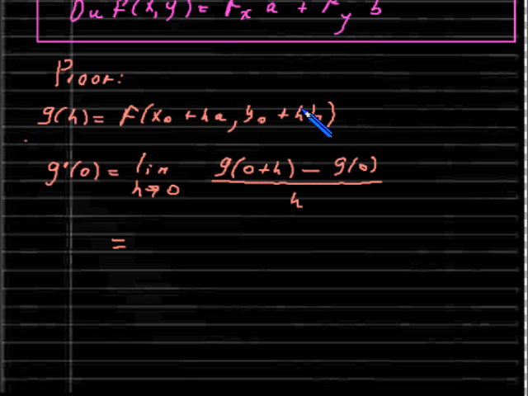So a and b here are constant values, so the only variable in this function is h, so this is a univariate function, in other words a function of one variable.